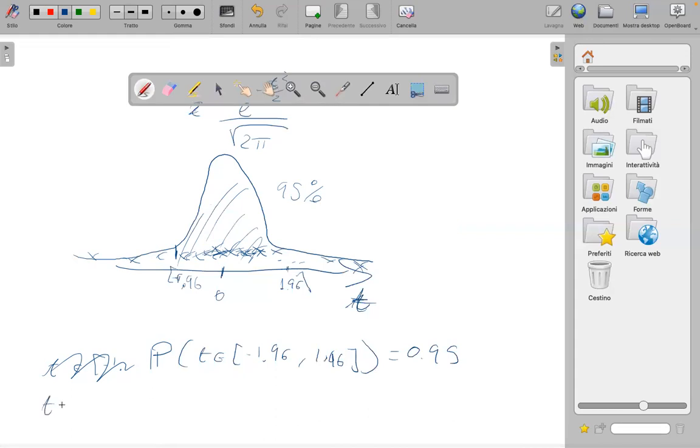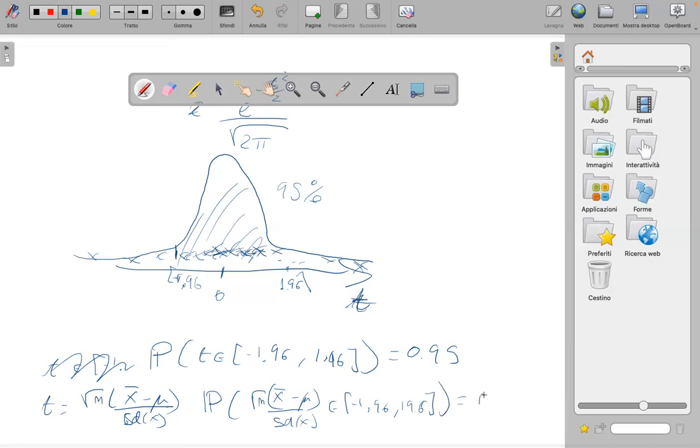But t was the square root of n times x bar minus mu, divided by the standard deviation of x. So this becomes that the probability that the square root of n times x bar minus mu, divided by the standard deviation of x, is in minus 1.96, 1.96 is equal to 0.95.